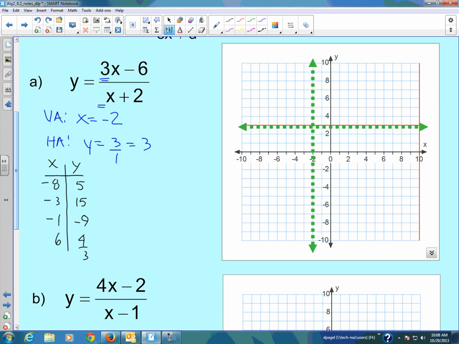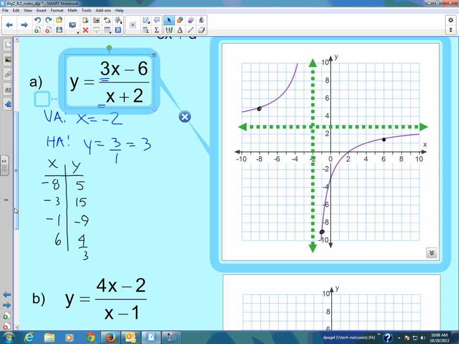Okay, I have my points. Let's plot them. -8, 5. -3, 15. Well, it's putting me off of my graph scale here. So I just know that that's the point that's going to be approaching my vertical asymptote there. -1, -9. 6 and 4/3, so 1 1/3. There would be my points. And there is your graph.